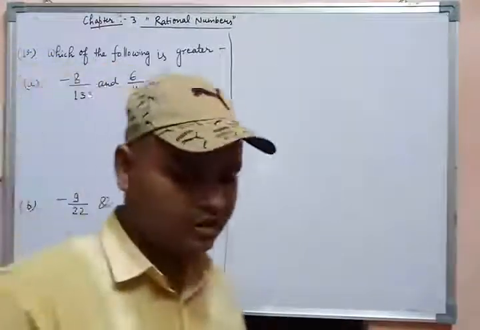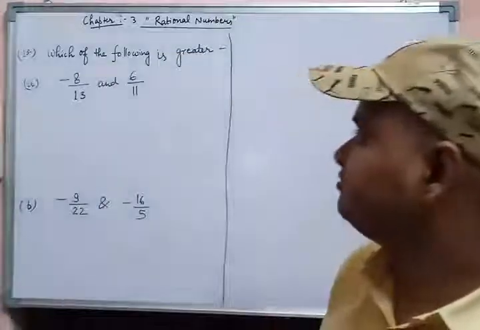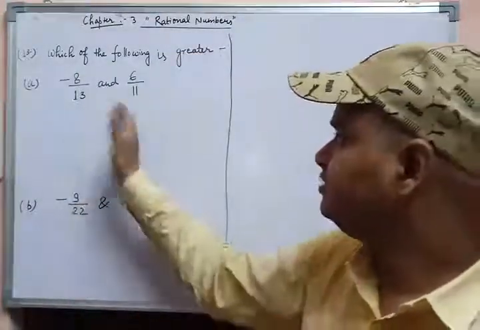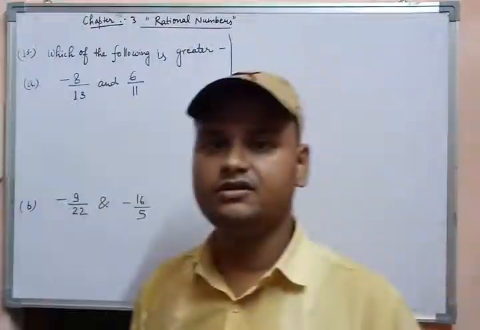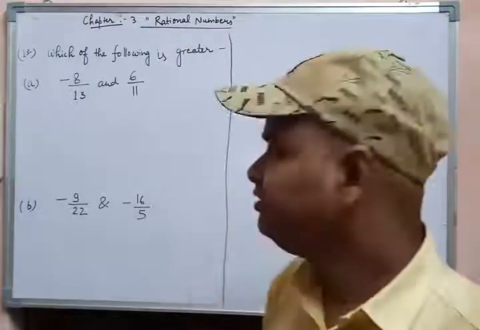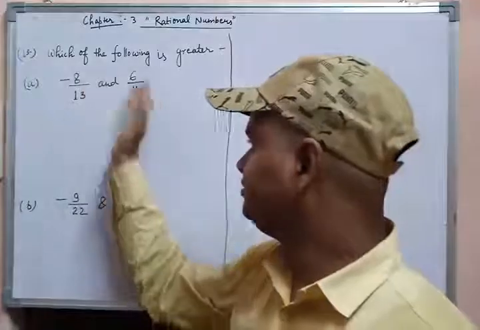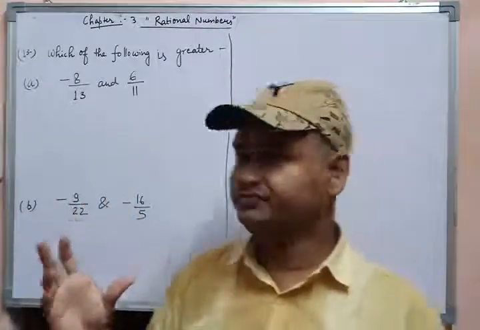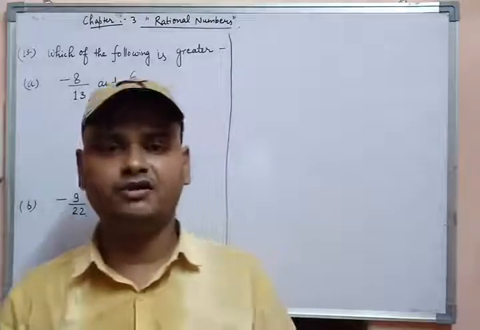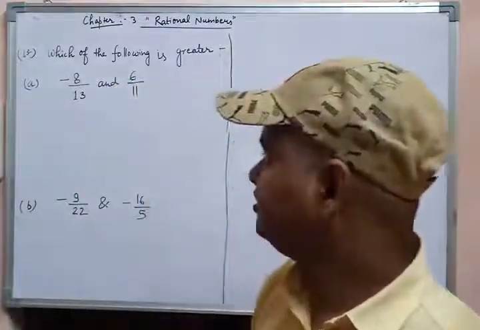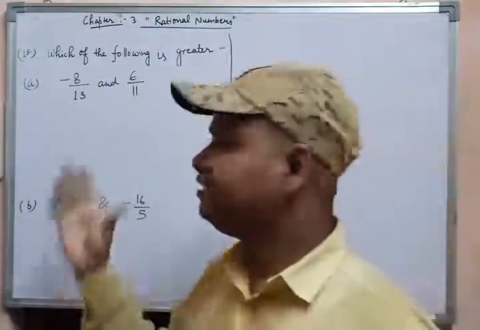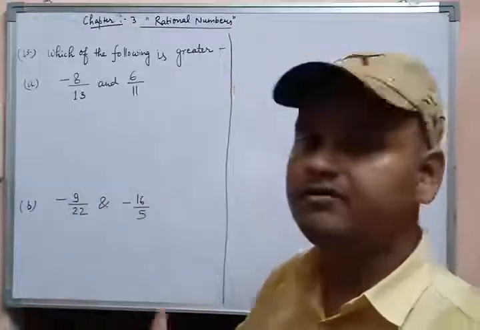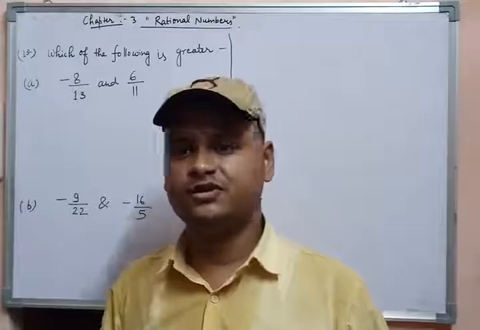Now students, we are moving to our next question, a very interesting question. In this question you have to compare which rational number is greater. In this type of question we have to apply a shortcut method. From the shortcut method we can say in quick time which rational number is greater, and the name of this method is the cross multiplication method.